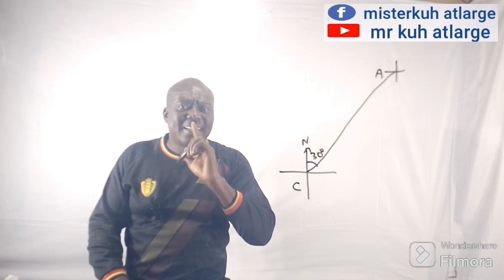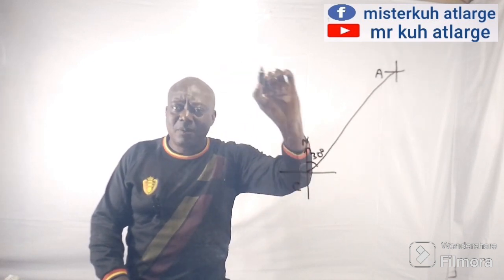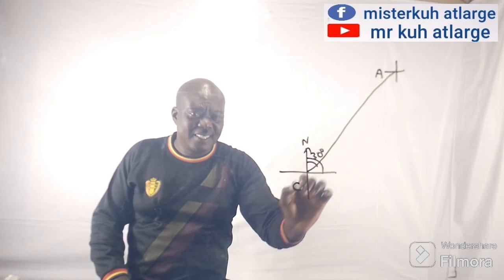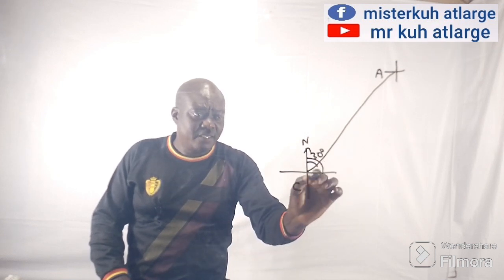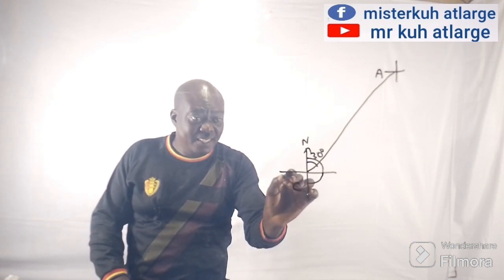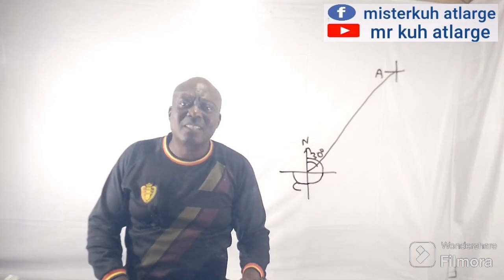What about B from C? It is 290 degrees. Remember, the movement always starts from the North Pole. If you move from here to here, this is 90, and if you reach this place, it will be 180. Even here, if you move up to this place, it is 270.